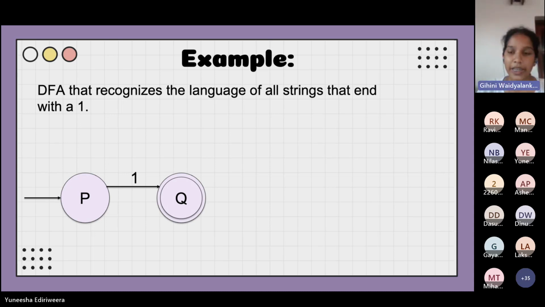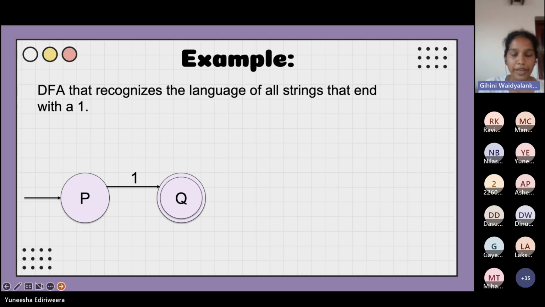So assume that I get the input of 1. When I get the input of 1, I'm transitioning from state P to state Q. To represent this transition, I have drawn an arrow between these two circles. I have considered Q as my final state. Now, why did I consider Q as my final state? In this example, this DFA recognizes the language of all strings that end with a 1.